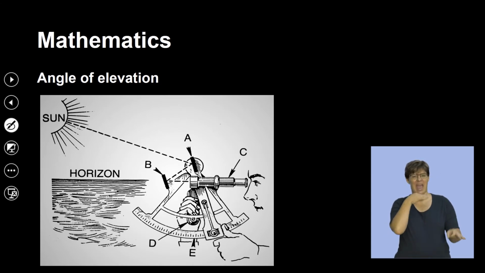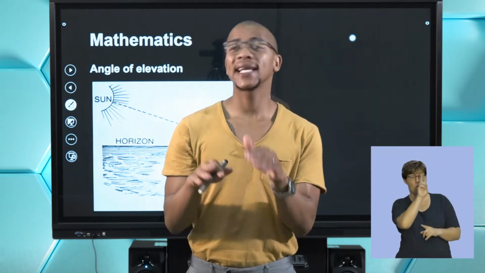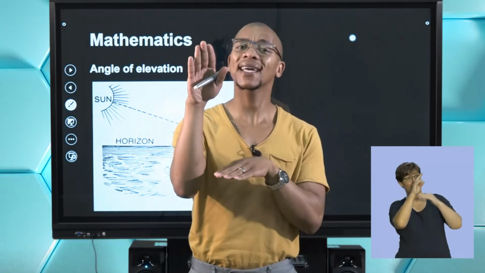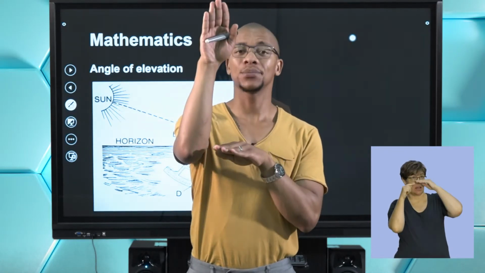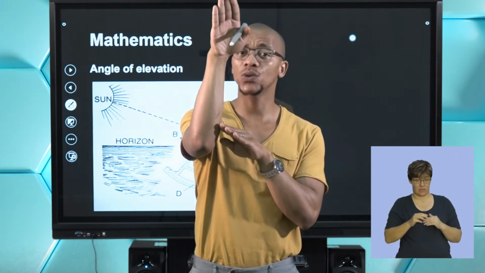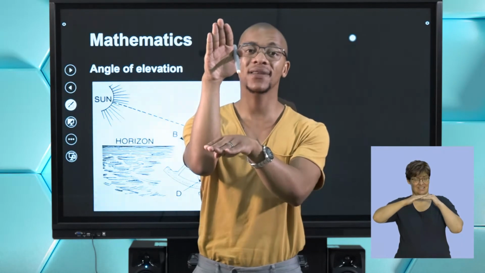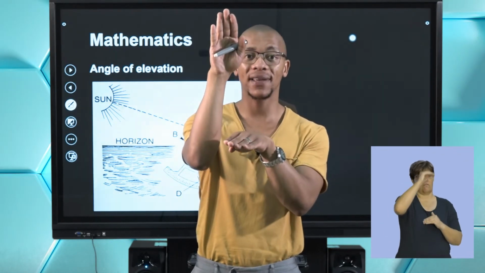Now, if I explain what this is, remember that at times you maybe want to look at the stars, right? And as you're looking at the stars, the line of the ray that you're looking at the stars with, and it is making an angle with the horizontal surface, is called the angle of elevation.